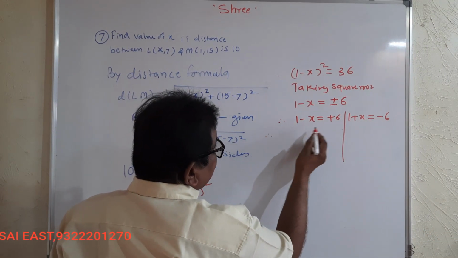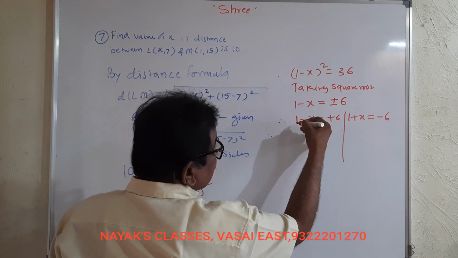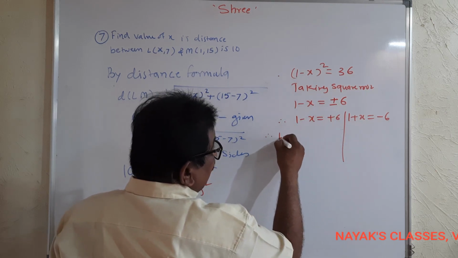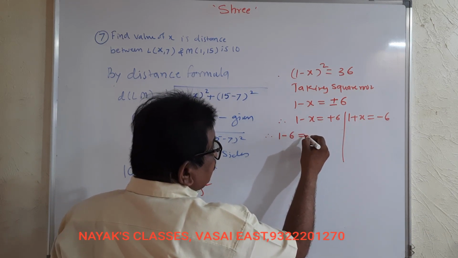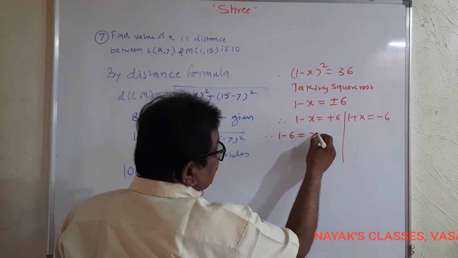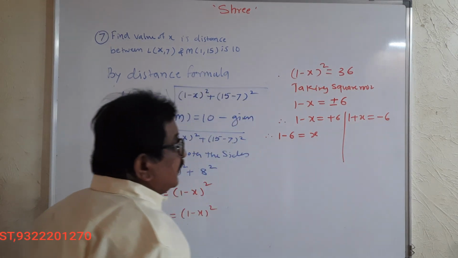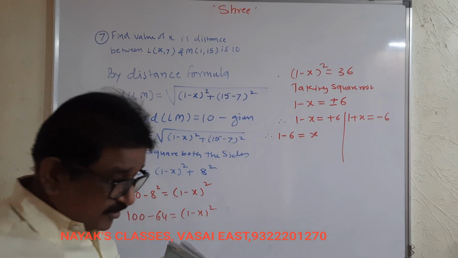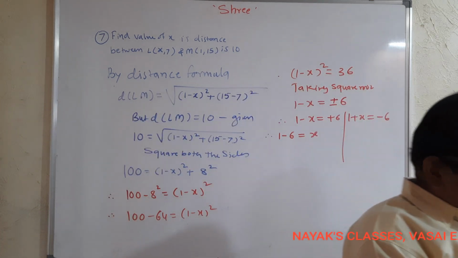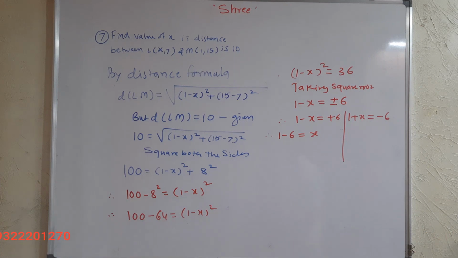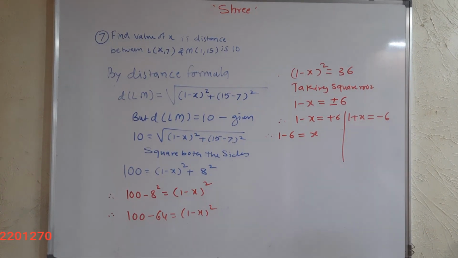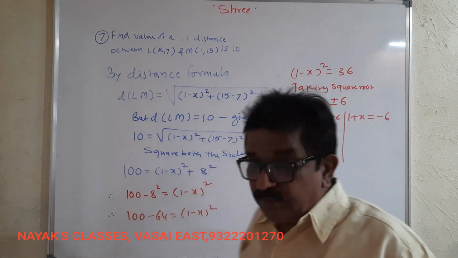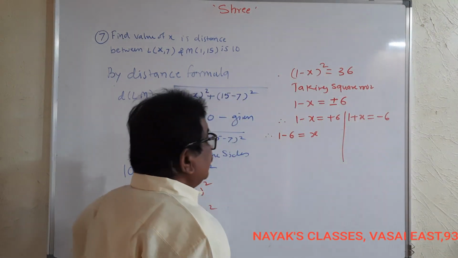Therefore, this 6 will come this side. So 1 minus 6 is equal to plus x. 1 minus 6 is equal to positive x.